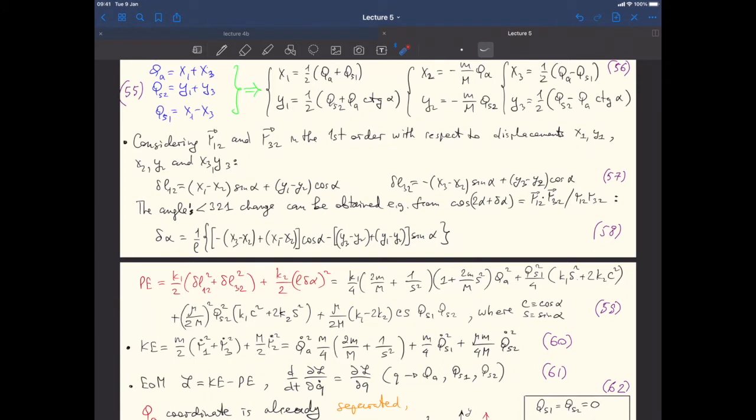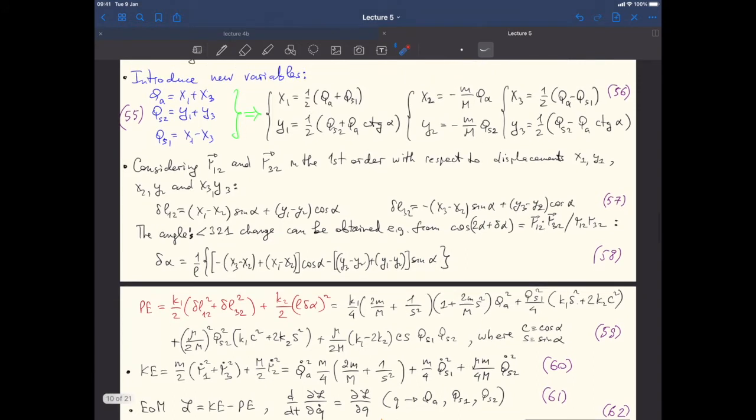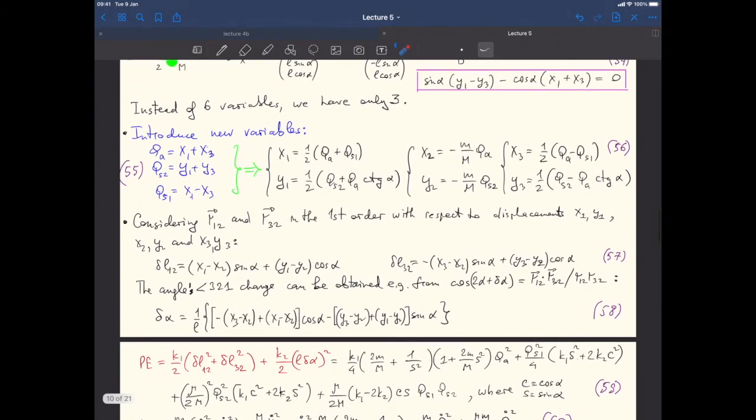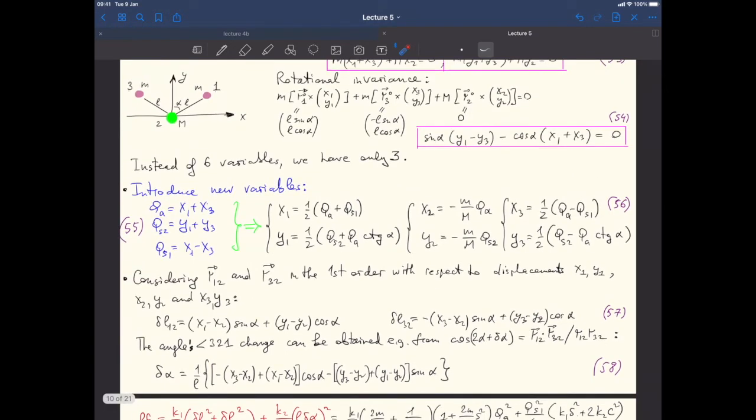the potential energy. So what we need to do is to get the elongations, these two, and the change of the angle d alpha, if we have all these six coordinates, these ones, and these ones, being non-zero.